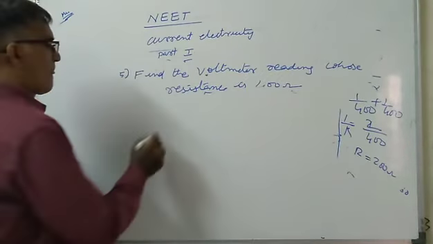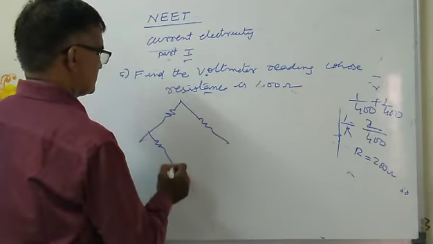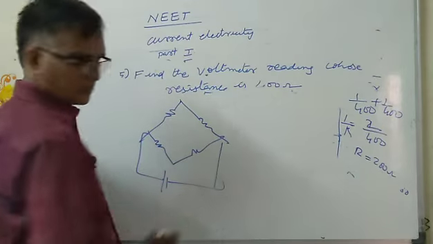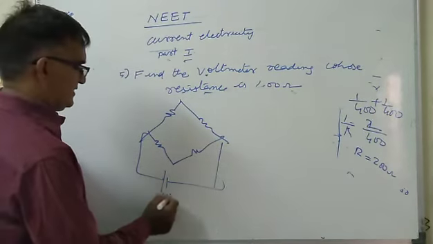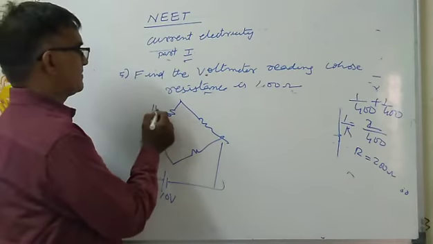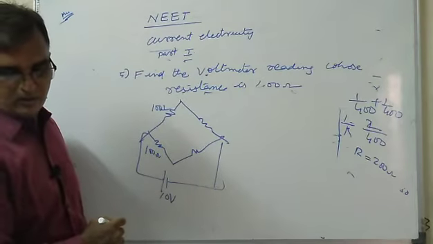If you redraw the circuit, it will be like this. Now here, 200 ohms, 100 ohms here, here also 100 ohms.